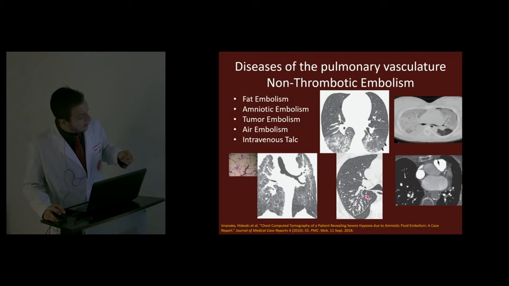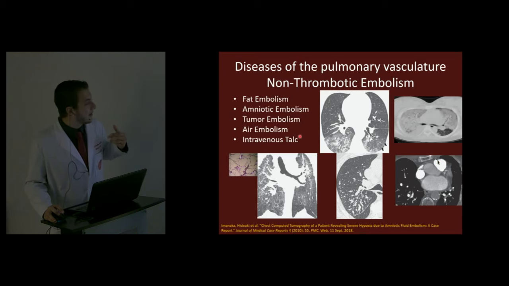You can have tumor embolism with enlargement of the interlobular septa because of lymphangitic carcinomatosis, and you can have as well air embolism, as seen here, in patients who were given intravenous contrast.